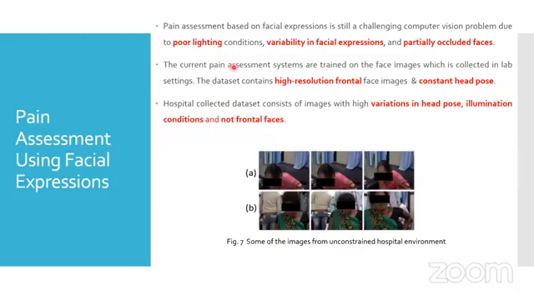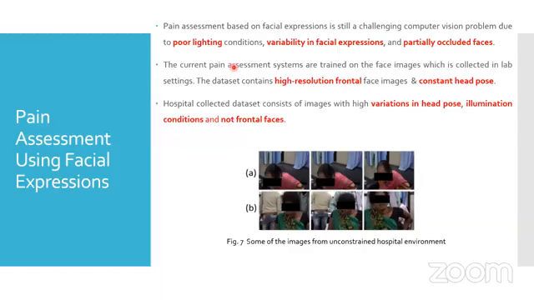Now the current pain assessment systems are trained on face images collected in the lab environment, from normal volunteers who are given an external excitation, so that pain is created in their body.